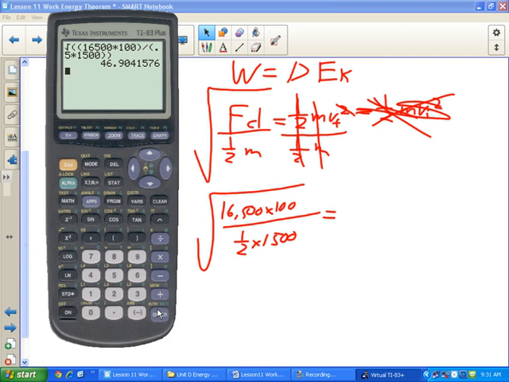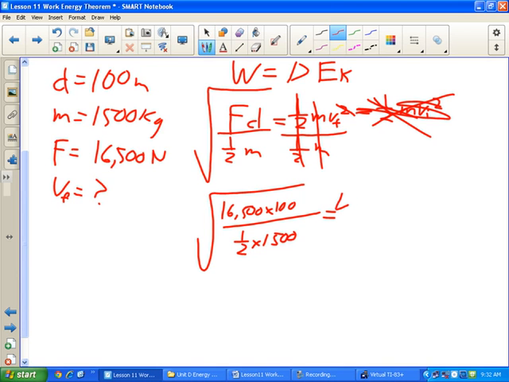Okay, so the car is now traveling 46.9 meters per second. Okay, is that all right with everybody?